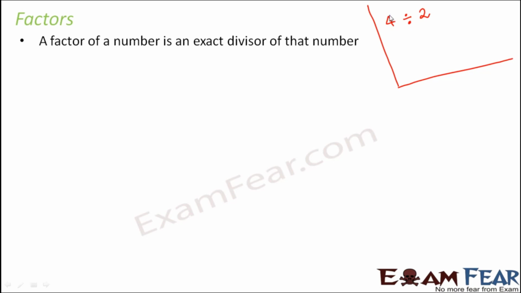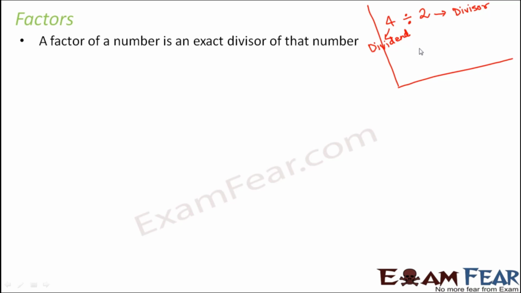That means 4 is the number which is being divided by 2. So in this case, 2 is the divisor and 4 is the dividend. Whichever number is being divided, that is the dividend, and by which number it is divided, that is the divisor.